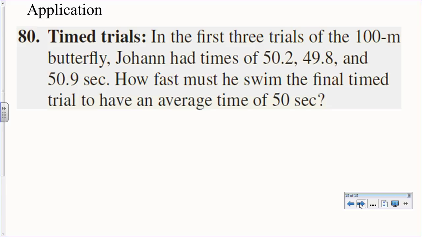So we're talking about swimming, we're talking about racing here. So if you're talking about racing, do you want a bigger or a smaller time? Smaller. So I want to think about that when I'm going to set this up as an inequality.